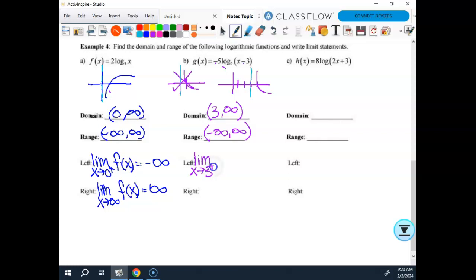Good. The limit as x approaches 3 from the right of g of x is equal to infinity. And then the limit as x approaches infinity of g of x is equal to negative infinity.